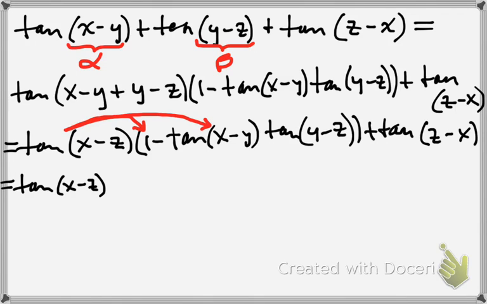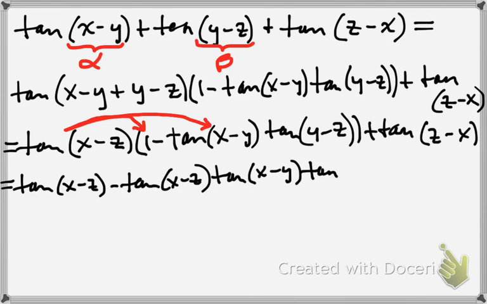That's what I get when I multiply that to 1, minus, and then I'm going to get the tangent of x minus z times the tangent of x minus y times the tangent of y minus z, and then I have that other straggler that I'm going to deal with later, the tangent of z minus x plus the tangent of z minus x.